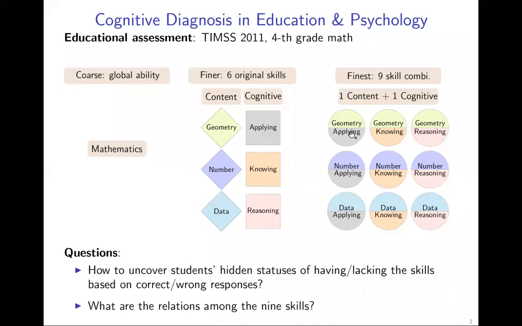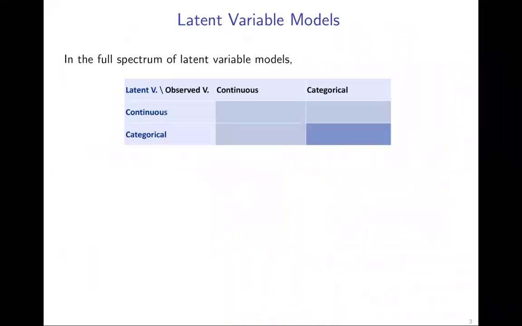So now our questions are, how do we uncover students' hidden statuses of either having or lacking the skills based on correct or wrong answers to the test questions? And an even more interesting and more challenging question would be, what are the relations among these 9 latent skills themselves? What are the possible dependency structure there?